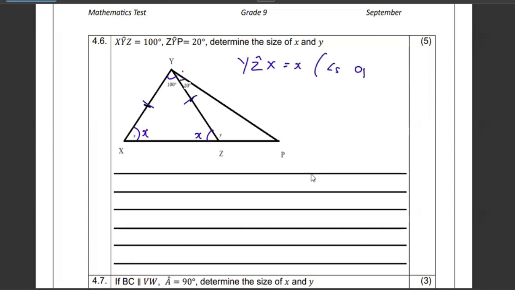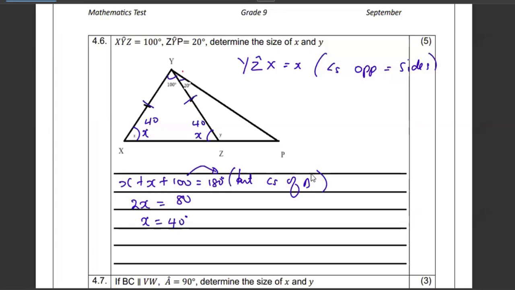Angles that are opposite equal sides. Then if that is true, we're going to say x plus x plus 100 should give us 180. Those are interior angles of a triangle. And then twice x, we're going to move the 100 that side. It's going to be 80. X becomes a 40. So that's a 40.